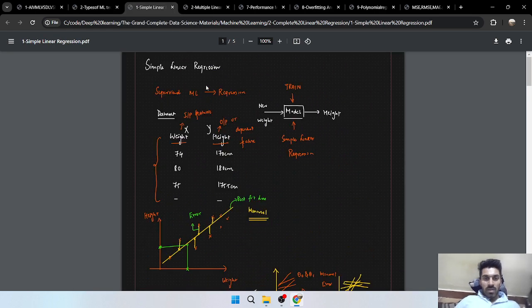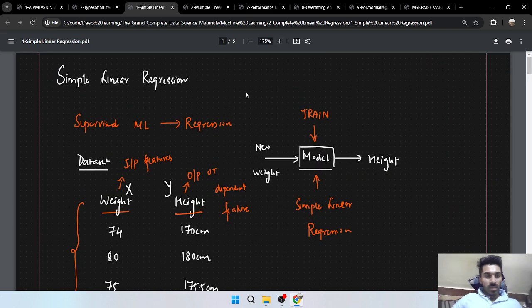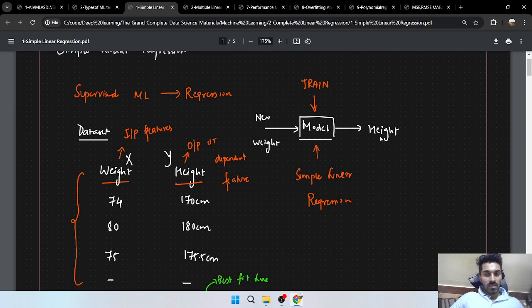Now coming to this simple linear regression problem. Basically you have trained a model. If you give some x value, x means your input, then your model will predict some weight according to that. Basically your model is nothing but a weight matrix inside.